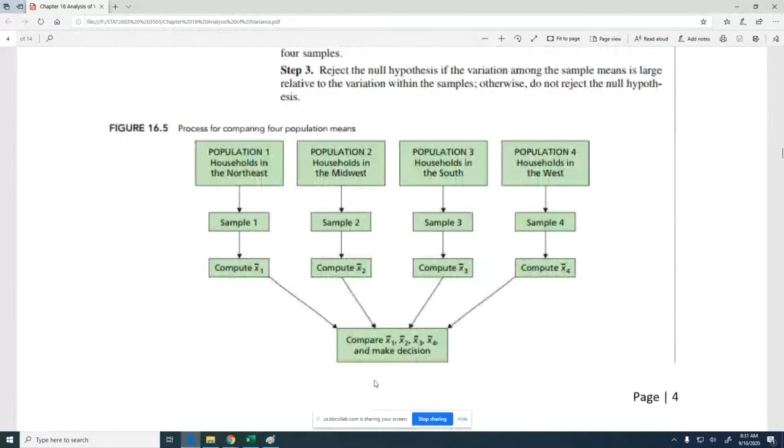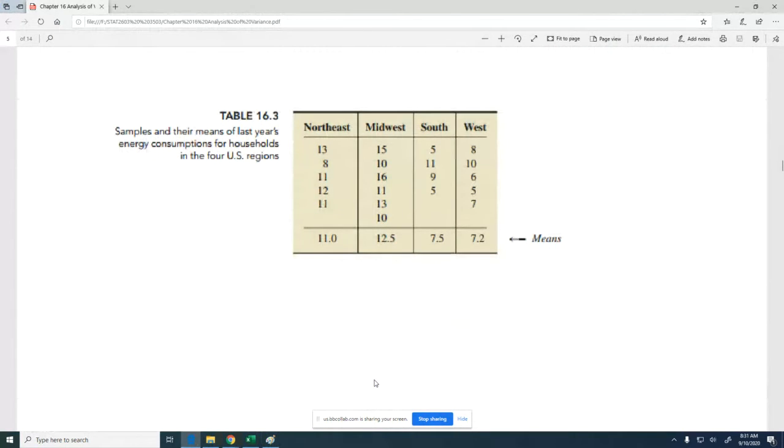And now it is the picture, the visualization. We had 4 populations, and we take a sample from each, compute the x-bars and compare them. Then take the test statistic, p-value, decision, and conclusion, and we tried to make the decision in this example.